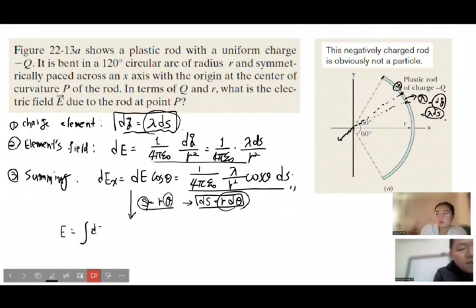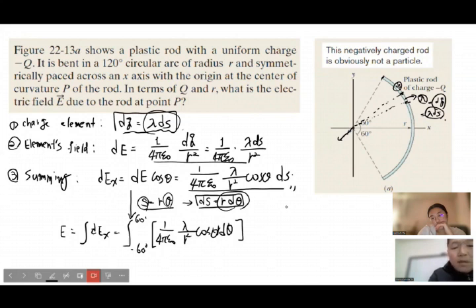then the electric field should be the integral of dEx. So you want to estimate the electric field from this total line charge from minus 60 degrees to 60 degrees. That is the integral from minus 60 to 60 degrees of 1 over 4 pi epsilon naught, lambda over r squared, cosine theta, r d theta.